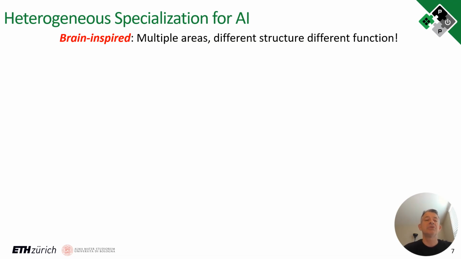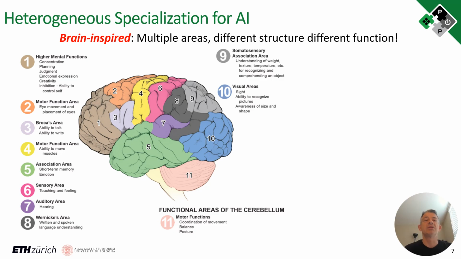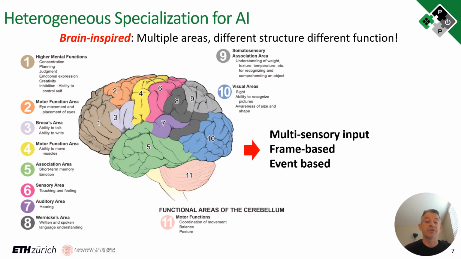I would try to move from a more abstract viewpoint. We should be brain inspired. And by brain inspired, I mean focusing on the fact that our brain is not really a homogeneous compute engine where all the neurons can do anything. It's actually highly specialized compute engines, where several areas of the brain are specialized for different types of computations, for example, linked to the sensory systems.